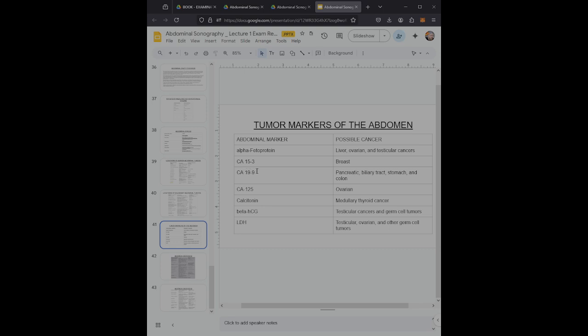But it can be elevated in biliary, hepatocellular, GIT, urological, and a number of other cancers. So carbohydrate antigen 19-9 is indicative of pancreatic, biliary tract, stomach, and colon cancers. Cancer antigen 125.